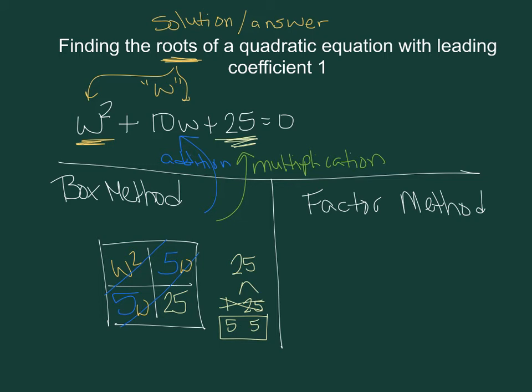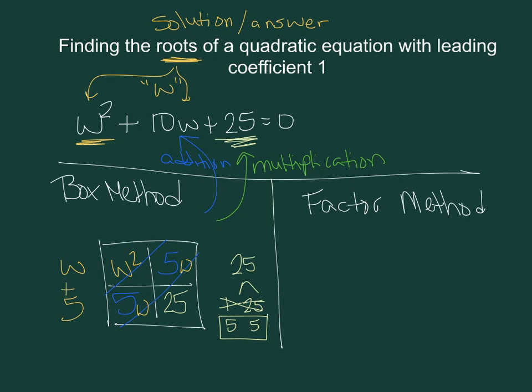So we're going to factor out terms that are the same here. I have w squared and w, and the only term that's common is w. Looking across this way, 25 and 5w, the only component that's the same is 5, which I can factor out of both of those.